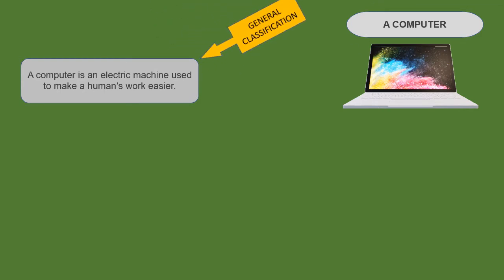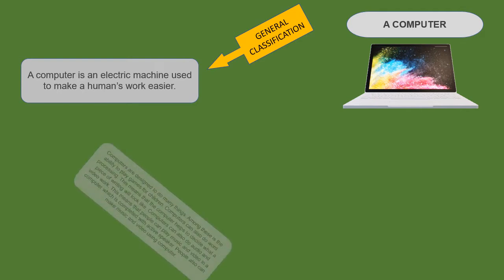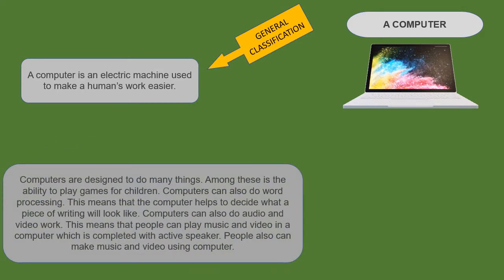The title of the text is a computer. And remember, the first paragraph is called the general classification. And here is the first paragraph. A computer is an electric machine used to make a human's work easier. And let me continue to the next paragraphs, which are called description.